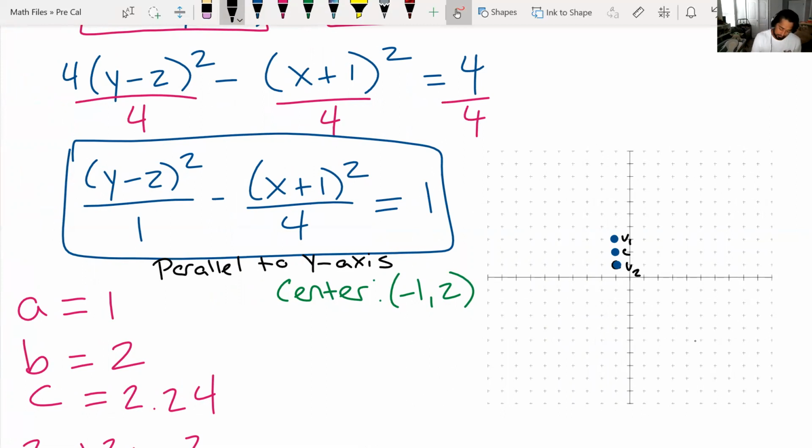And then since B is 2, we go right 2, left 2. Those are my minor points. And then for my foci from the center, I go up 2.24, and down 2.24. And there is my foci. Foci 2, foci 1. And let's go ahead and make our fundamental rectangle.